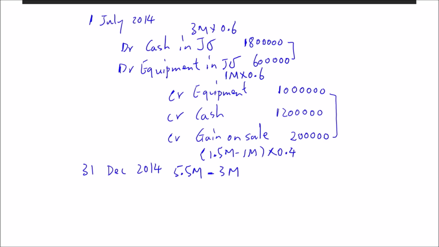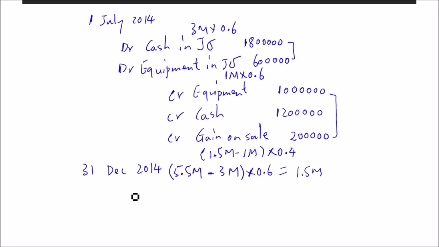That means on December 2014, they contributed 2.5 million in total. And remember, North Limited has 60% of ownership interest in this joint operation. As a result, they are also going to contribute 60% of the cash in this additional contribution. So that's the calculation, which equals 1.5 million.